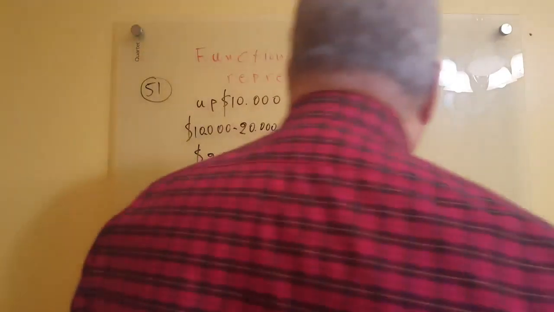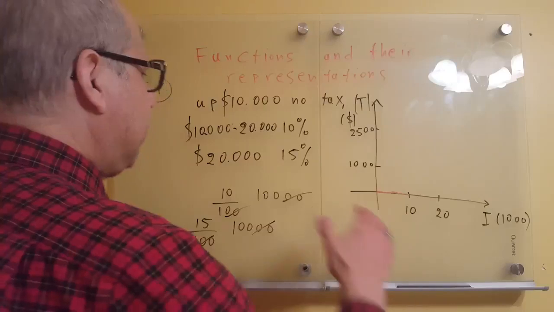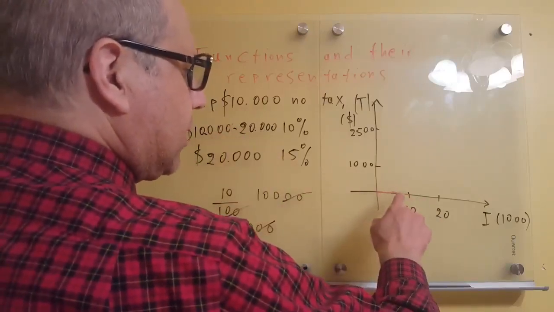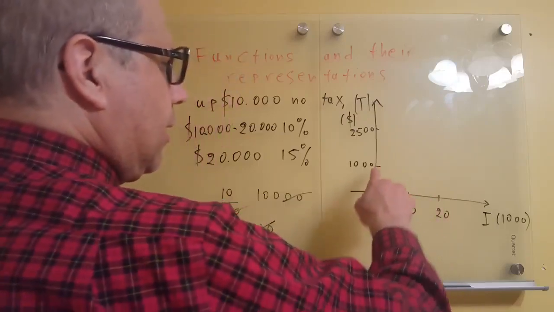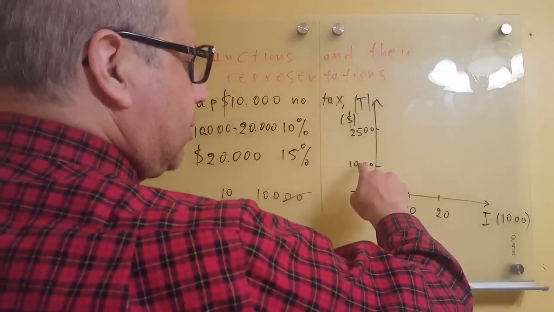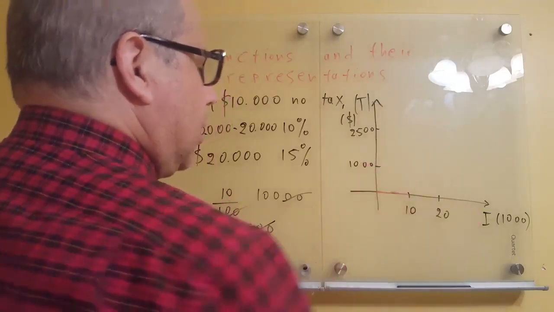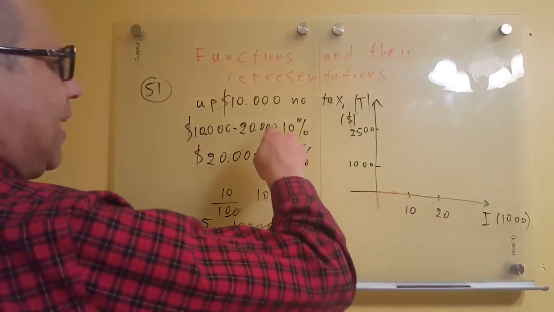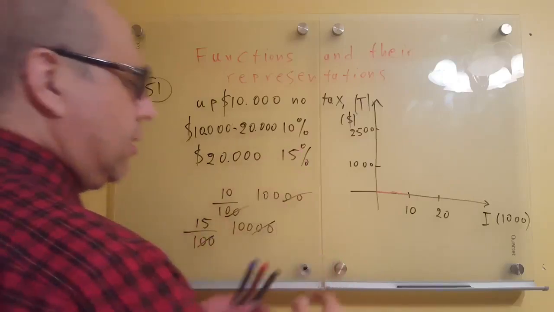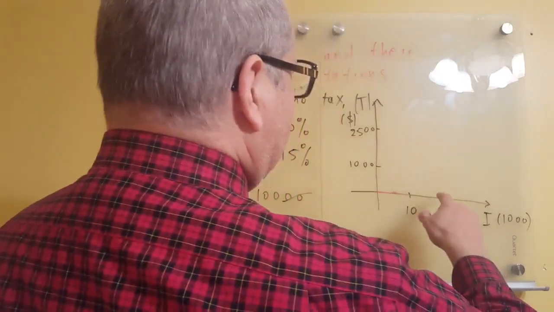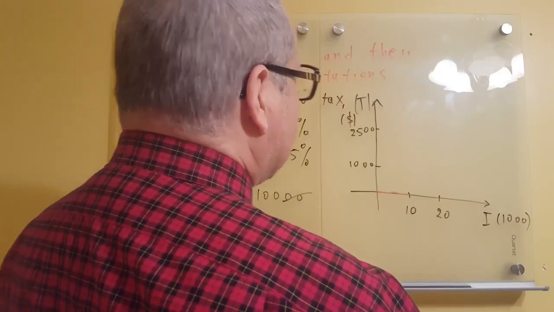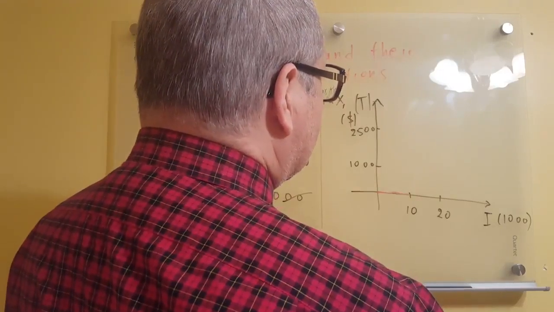And now, let's complete the graph. So we said that for up to 10,000 there is no tax. Now, from this point to 20, when we are exactly at 20,000, we have a tax of 10%.